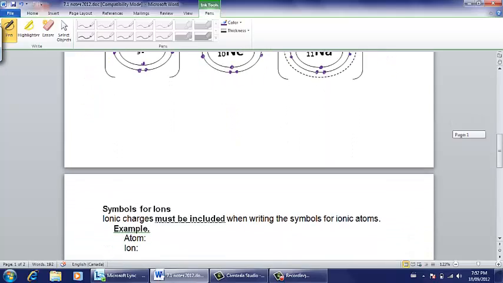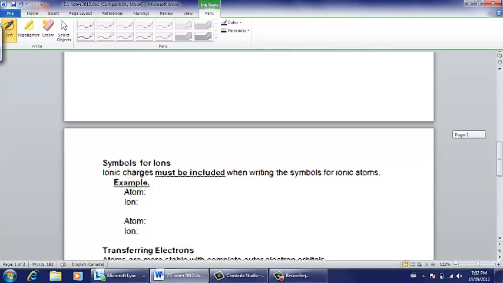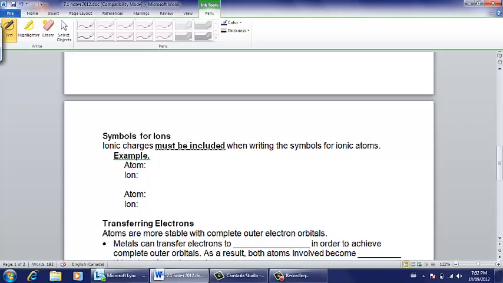Scrolling down to symbols for ions, it's really important to note that ionic charges must be included when writing the symbols for ionic compounds or ionic atoms. For example, the symbol for sodium is Na. The symbol for the ion is Na+.